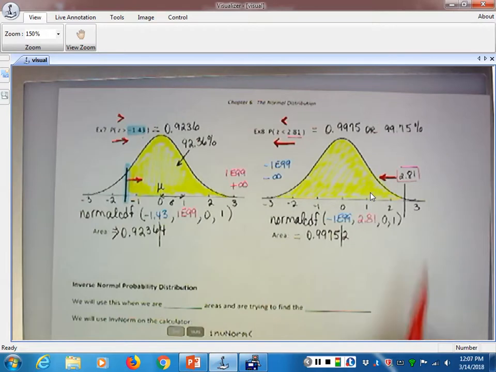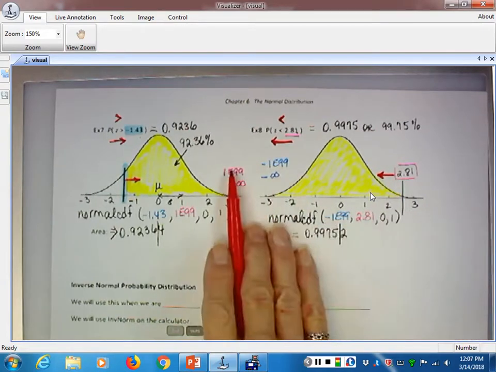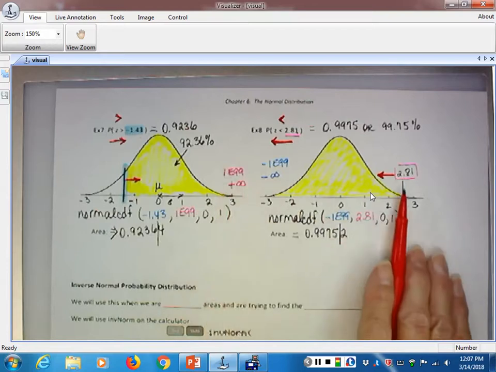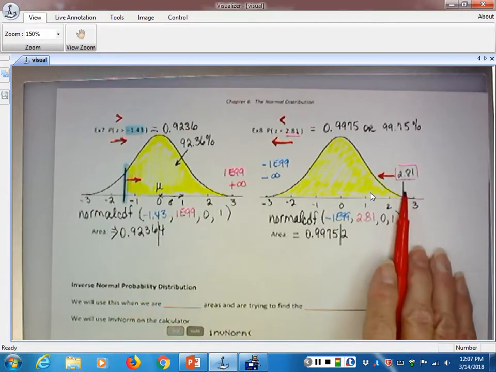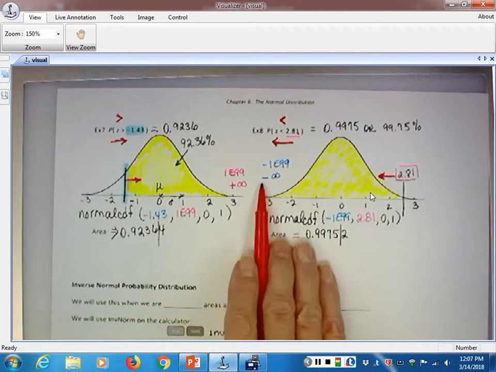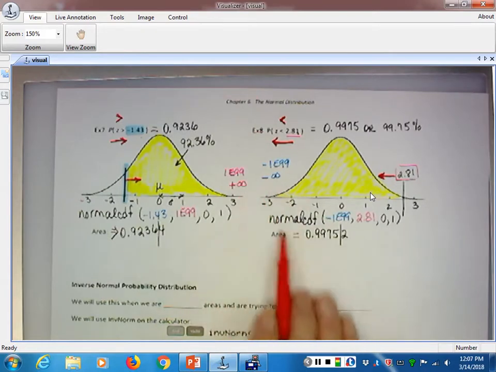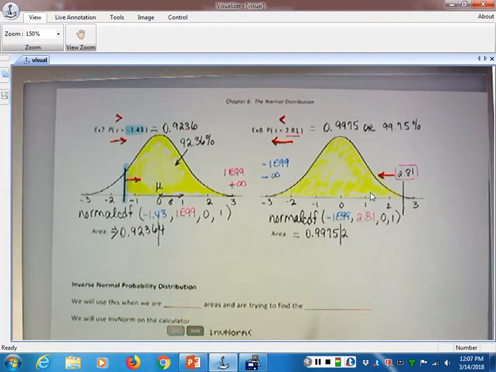And if your area is to the left of that number, it didn't begin here, it ended there. So you begin on the other side. So whichever way it's pointing is the side it's going to be on. And that should help you figure out what the lower number and what the higher number is.